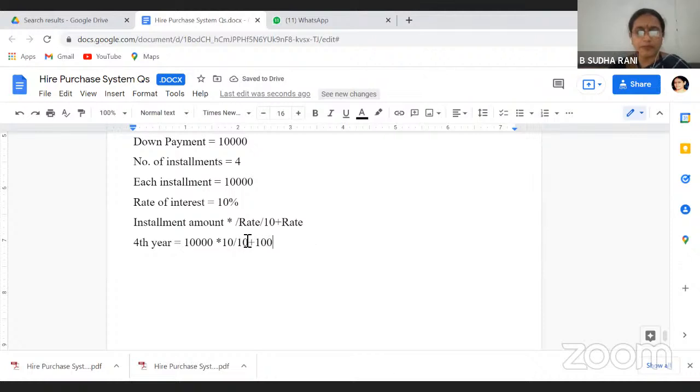Can someone calculate and tell me how much interest you get? 10,000 into 10 by 110. 909, right? 909 is the interest for the fourth year.